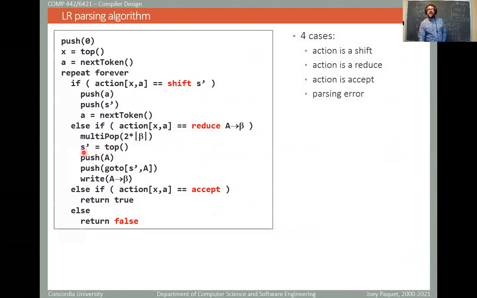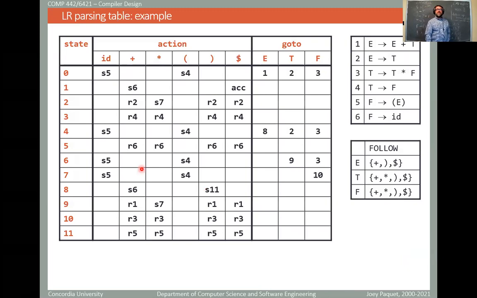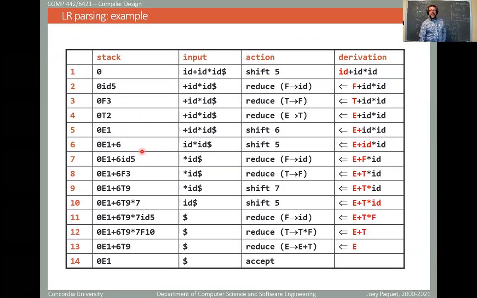Then I remember, after I popped my right-hand side from the stack, what was the state on top of the stack. Then I push A onto the stack. Then I go into the table at coordinates S prime, A. So essentially I pop the 5 and the ID. Then I'm left with 0 on top of the stack.